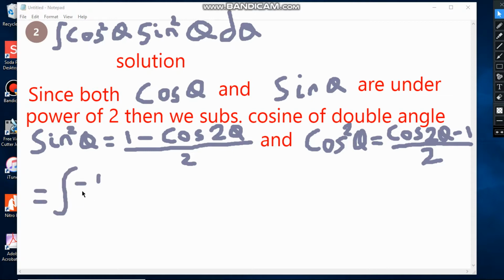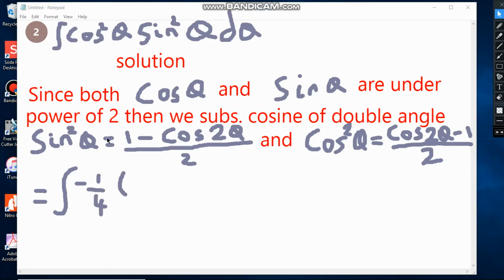I take a negative out of the integral sign because I want to have cos of 2 theta minus 1. So when I take a negative out, and the 2 times 2 is 4, I have negative 1 over 4. This negative is this one.